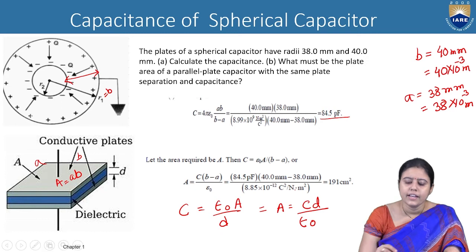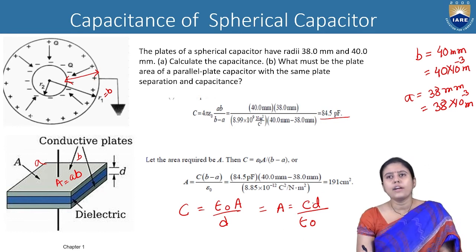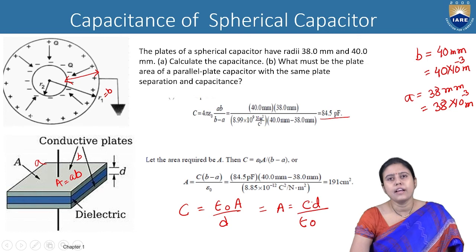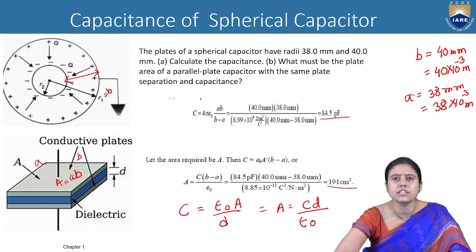What is D? The distance between A and B, which is 40 minus 38. Epsilon 0 is the permittivity of air. If we put in the values, we get the cross-sectional area as 191 centimeter square.